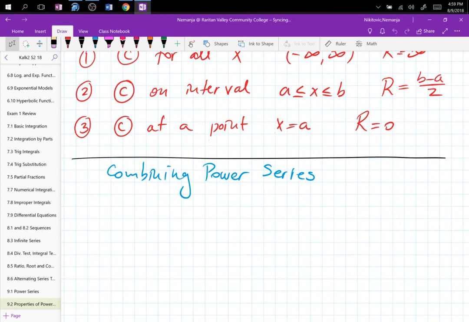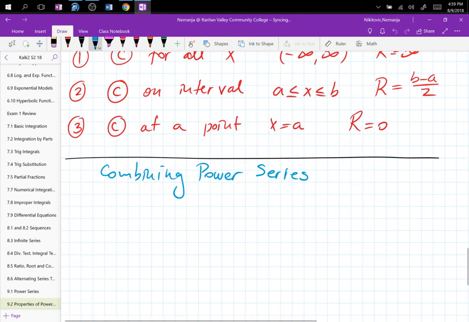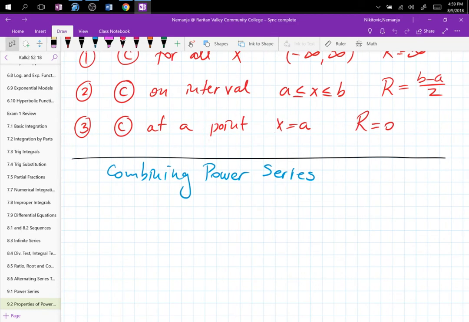So what we can do is we can put two series together as long as they start with the same counter number and they have the same exponent on x. So if those two conditions are met, the two power series can be combined into one under addition or subtraction.